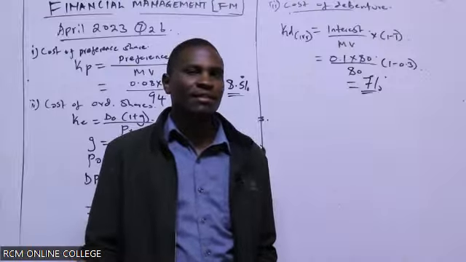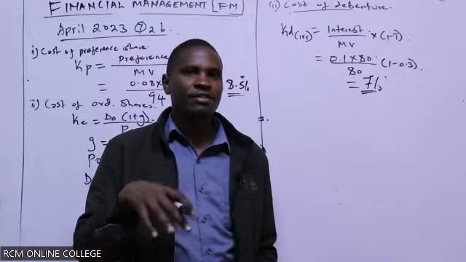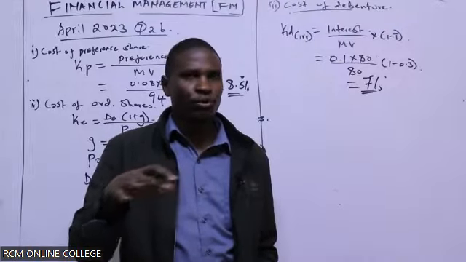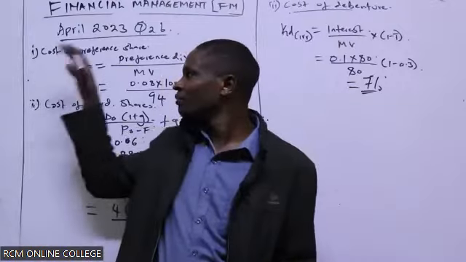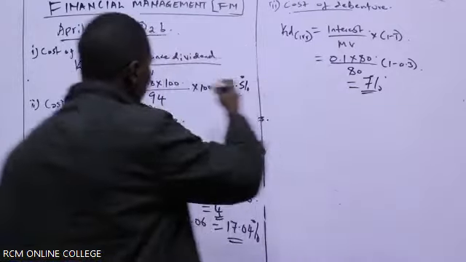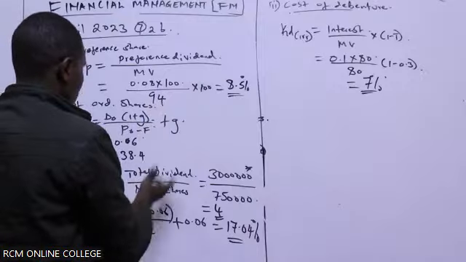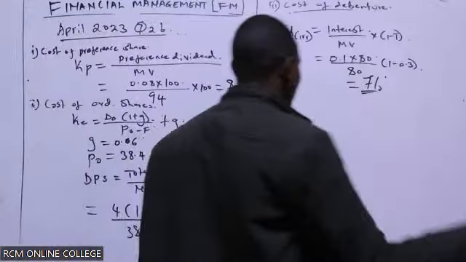As we were starting this class, I told you that the existing shares are all issued. There is no new issue and no flotation. So even if we compute, we shall get the same, because the formula now is this one. There is no new share, so you need to understand.